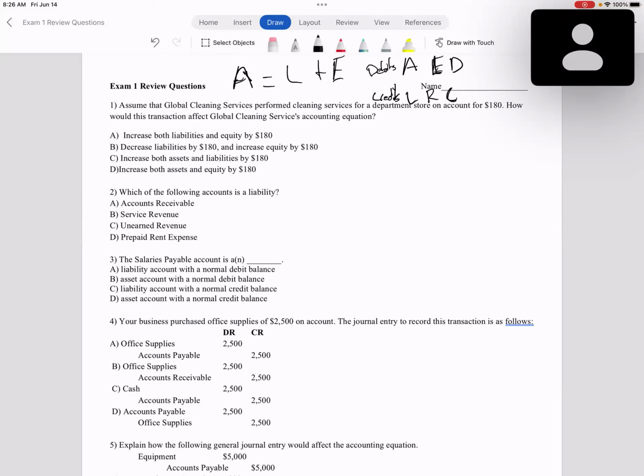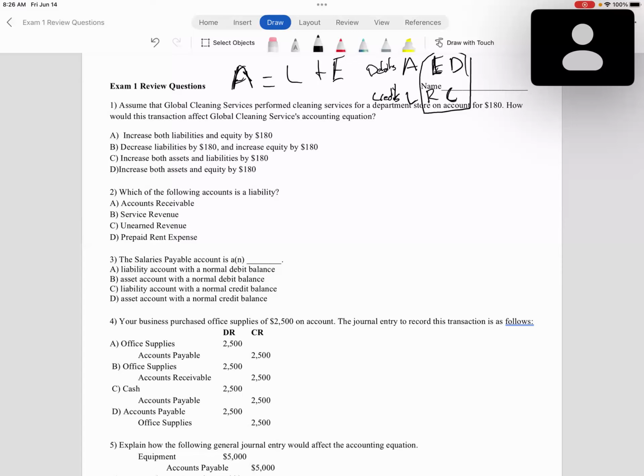And then we have the accounting equation: assets equals liabilities plus equity. Remember, those four accounts there are all considered equity accounts, right? So expenses, dividends, revenues, common stock are all equity.